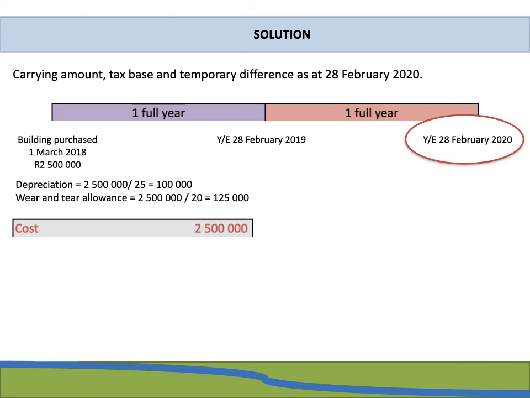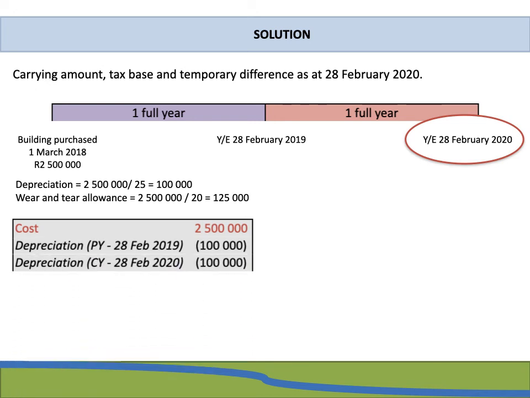So we're going to deduct the depreciation for the year ending 28 February 2019, which would be 100,000 Rand. Then we deduct the depreciation for the current year, in other words, the depreciation from the 1st of March 2019 up until 28 February 2020, which would be another 100,000 Rand. And that would give us a carrying amount as at 28 February 2020 of 2.3 million Rand.